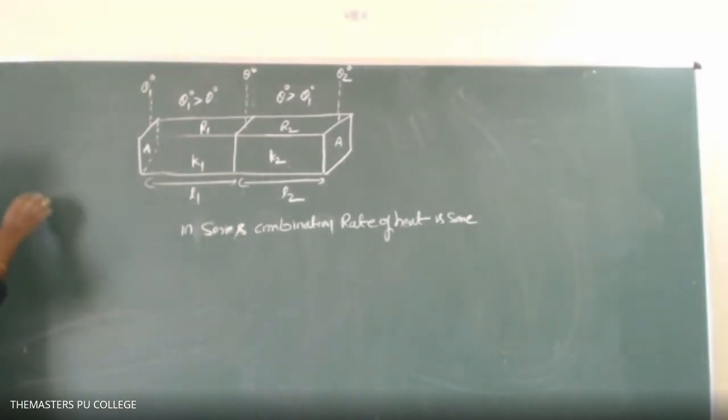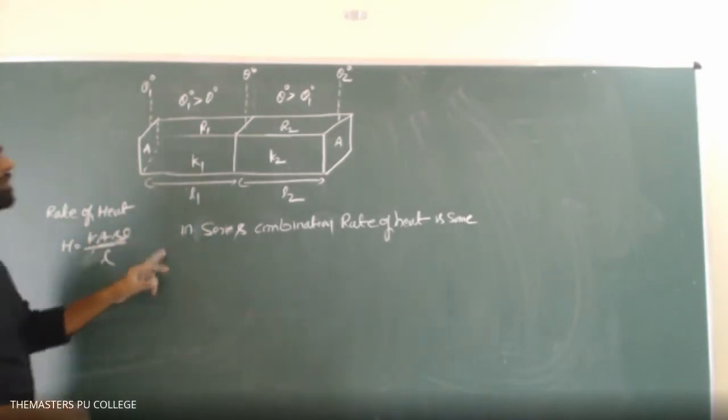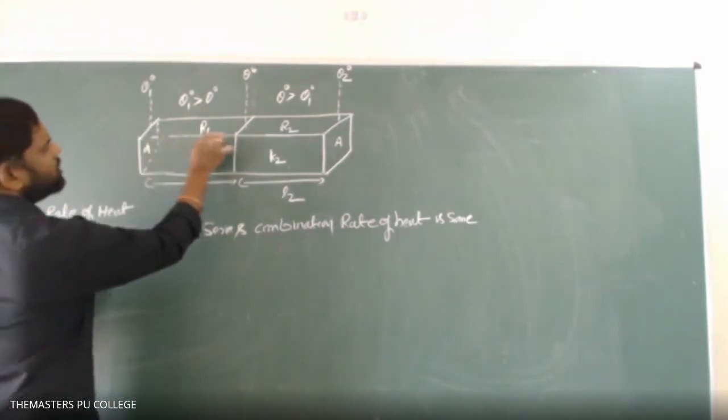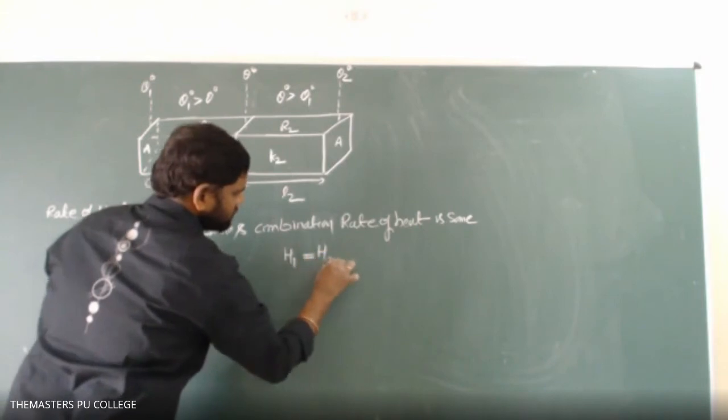Here I am writing. So therefore, rate of heat H is equal to Ka into delta theta upon L. So H1 be the rate of heat through the first rod, and H1 is equal to H2, I can write.